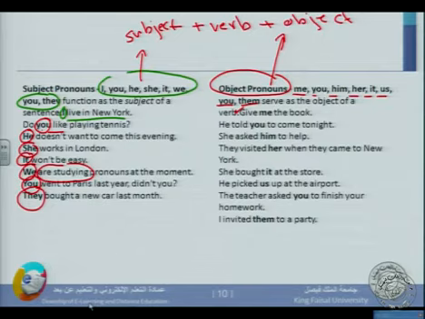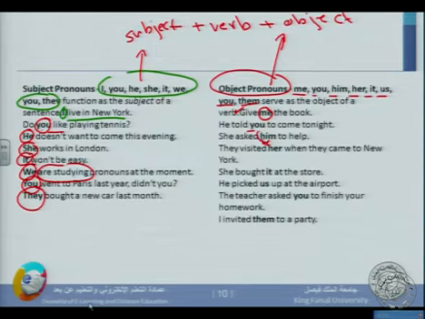For example, look at this first example. Give me the book. أعطيني الكتاب. So me is an object. He told you to come tonight. We can't say he asked he.